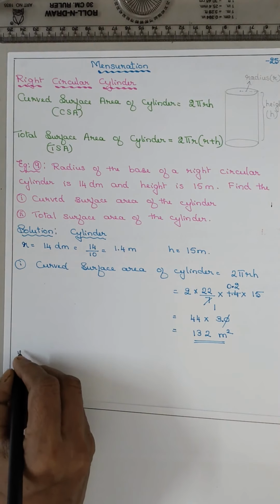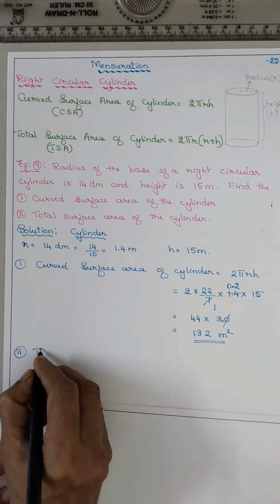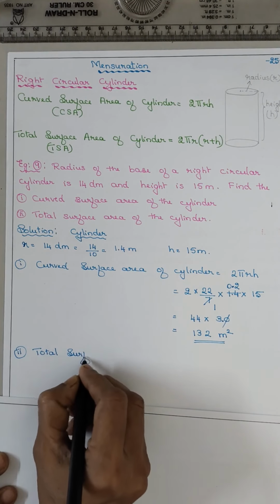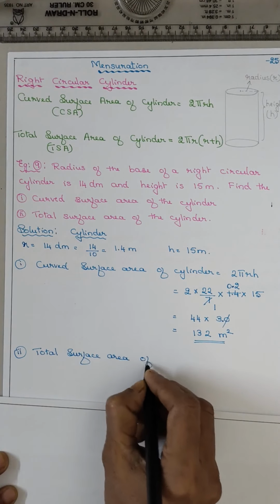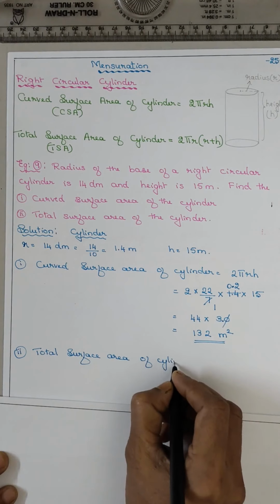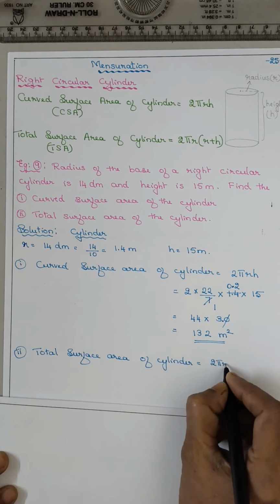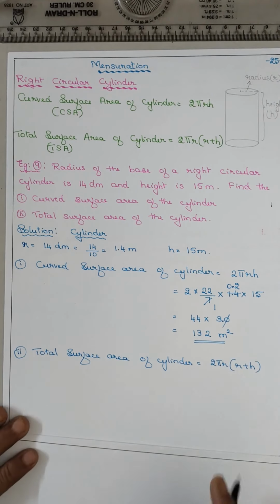Now coming to the second subdivision, total surface area of cylinder. The formula, what is it? It is 2 pi R (R plus H). Put the values.